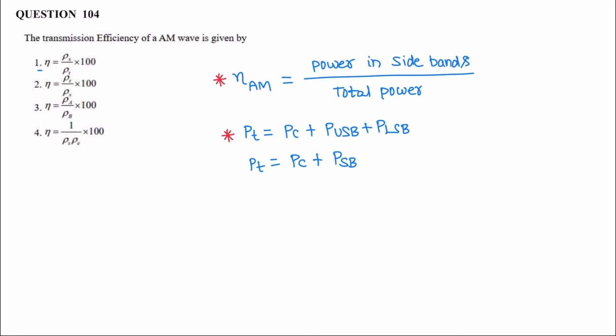Transmission efficiency is the ratio of power in sidebands to total power, whereas total power is the sum of carrier power plus upper sideband power plus power in lower sideband. That is, total power PT is equal to PC plus total power in the sidebands. Efficiency is power in sidebands to total power into 100 if it is percentage efficiency. Correct answer is option 1.